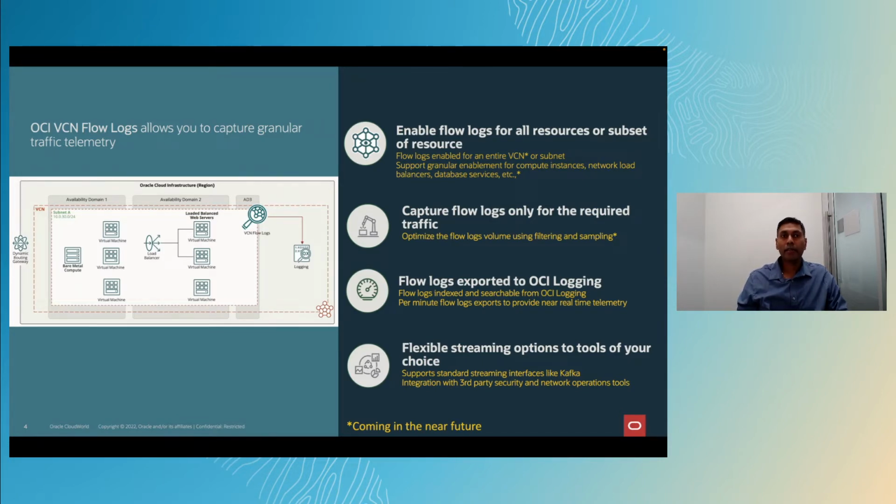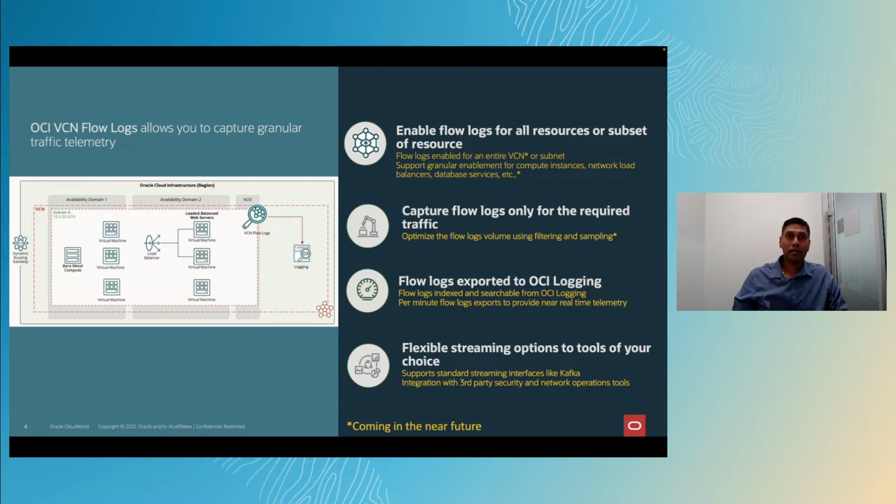So in OCI, you can enable flow logs at various levels. Today, in the current available version of the flow logs in OCI, you can enable it at a subnet level. And when you enable it at a subnet level, the flow logs data is generated for all traffic in that subnet, right?